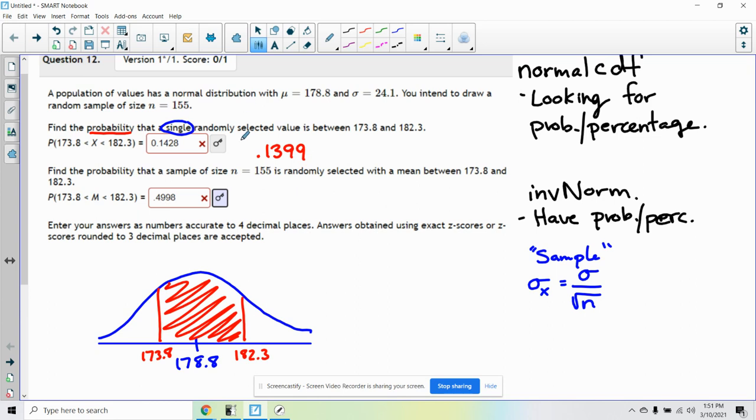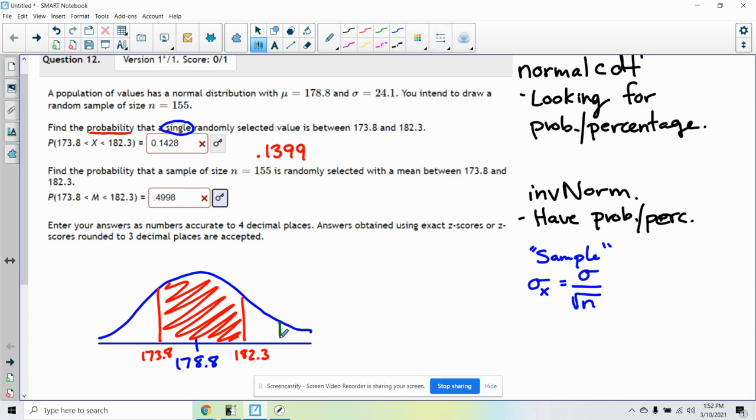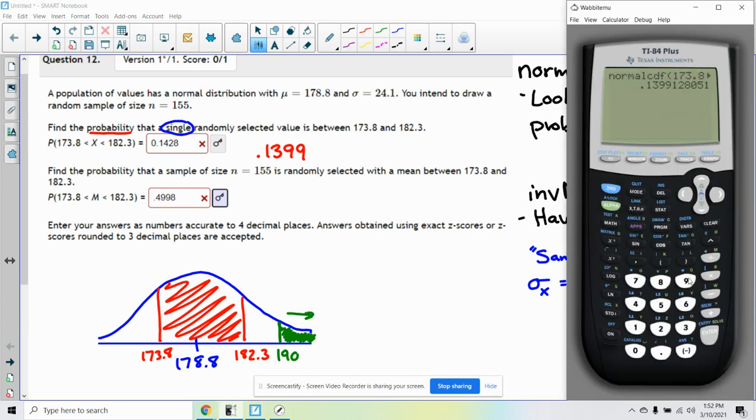How else could it look? What if I said, what's the probability that the randomly selected value is greater than, let's say, 190? So I'm looking for this area. Remember, the normal curve goes on forever in both directions. So when I go to the normal CDF, the lower bound would be 190, and there is no upper bound.